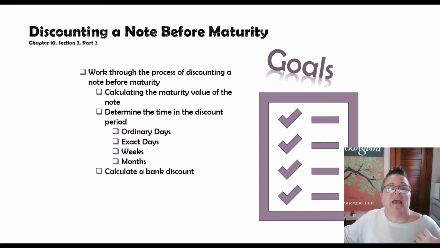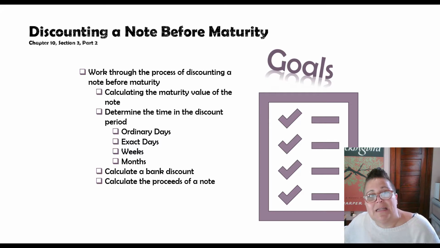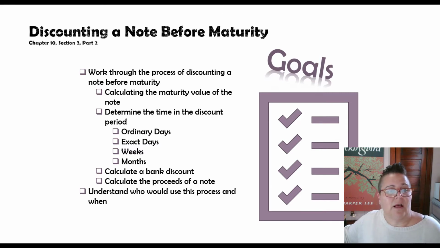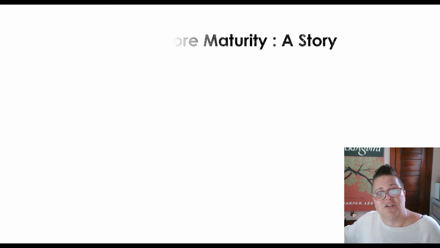We want you to be able to calculate the bank discount and calculate the proceeds of the note. Both of these things we did in the last section, in the first part of Chapter 10, Section 3 as well. We want you to be able to understand who would use this process of discounting a note before maturity and when they might do it.